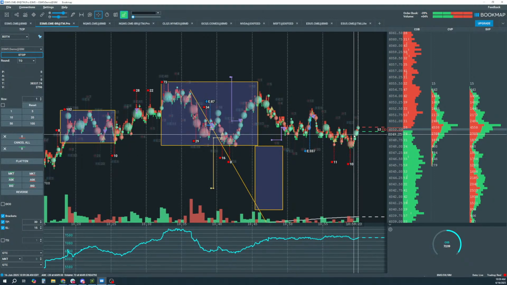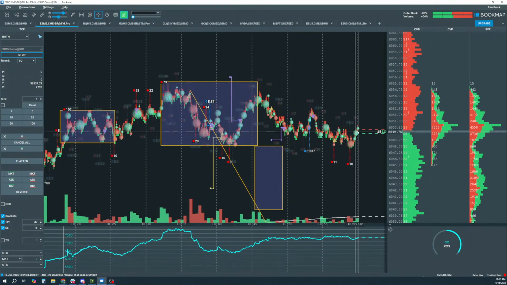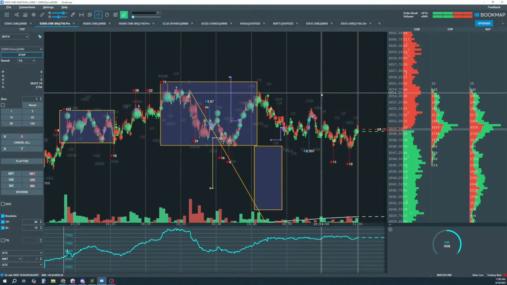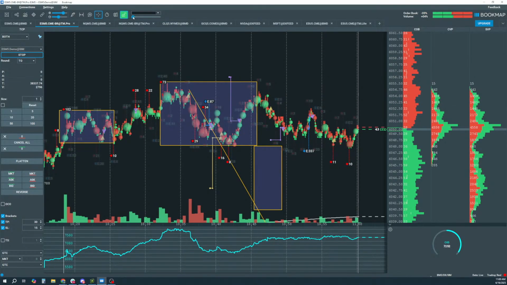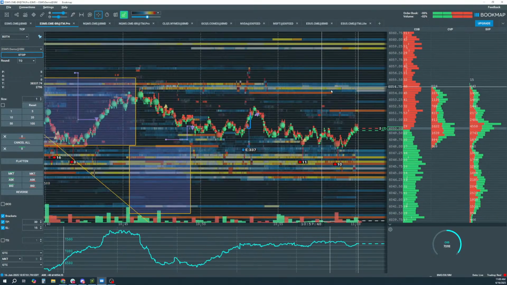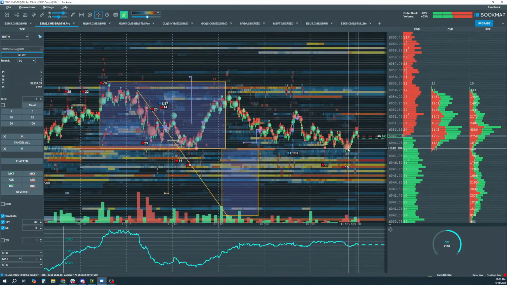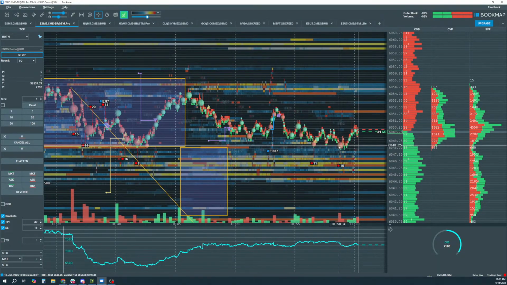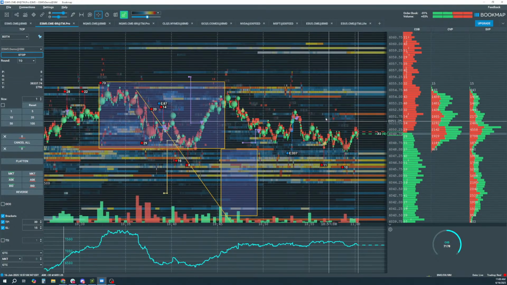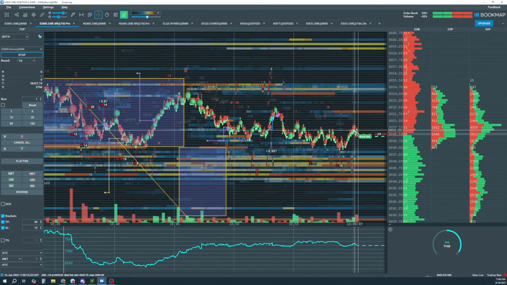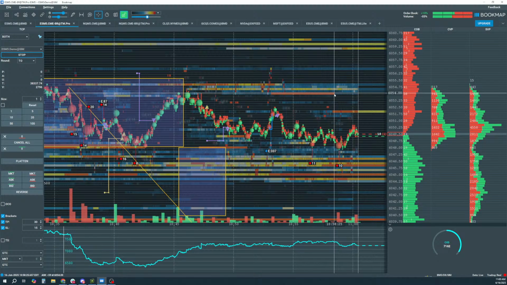Looks pretty good, if buyers come back in as they are right here, we'll probably get a move back up to here or maybe even here, right? So that's what we want to look at, that context. And here we don't really have it. We don't see that high liquidity in here below. So I'm not really interested in being a buyer yet and looking for that move.